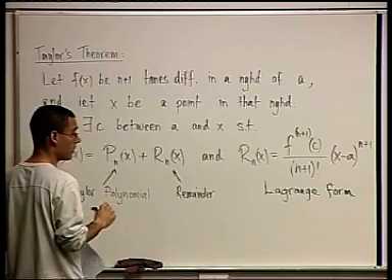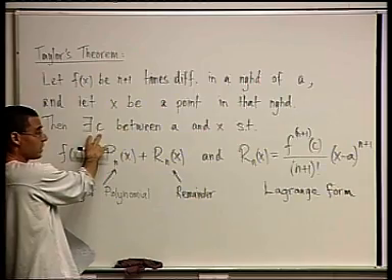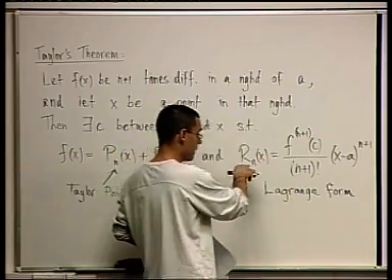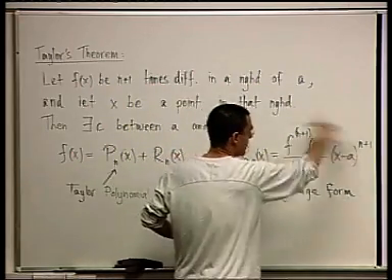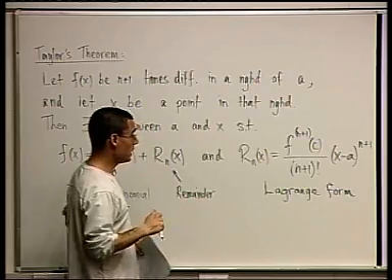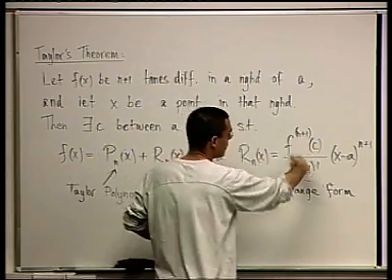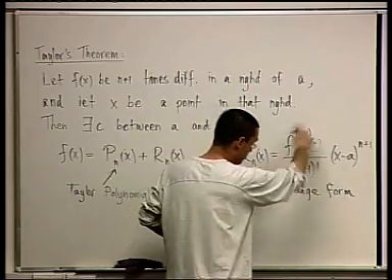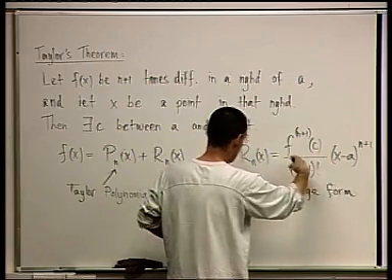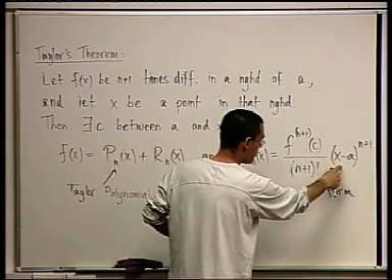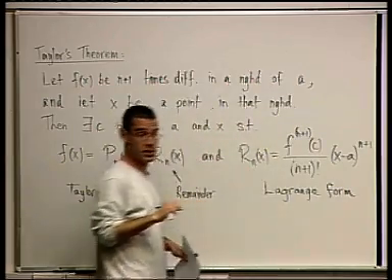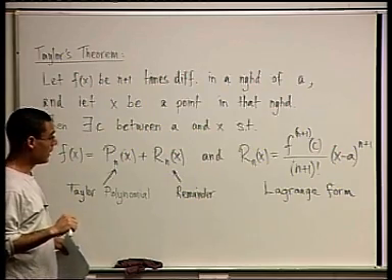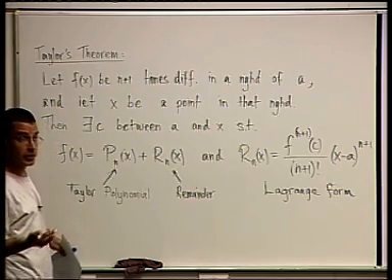Namely, there is some point c, which we don't know what it is, between a and x, such that the remainder at x is given by this expression, which resembles what you would like to be the n plus first coefficient in the expansion, but it's not at a, rather it's c. Okay? And we saw that this reduces to Lagrange's theorem when n equals 0.